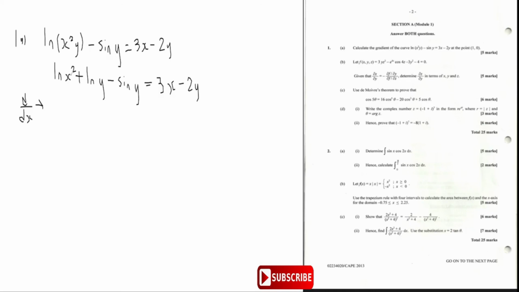To differentiate ln x squared, think of it as 2 ln x instead of writing it as ln x squared.